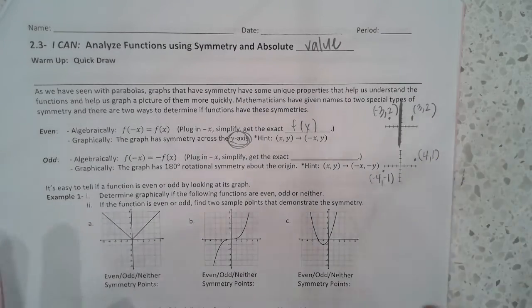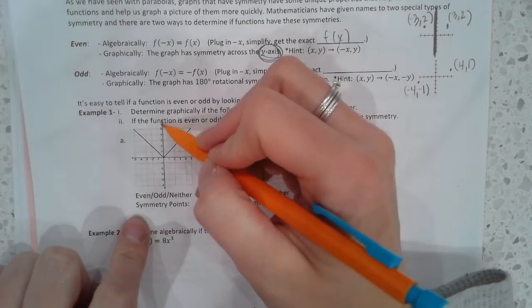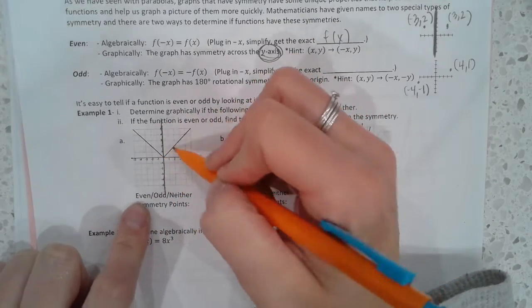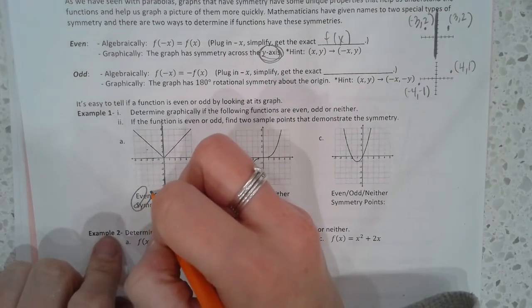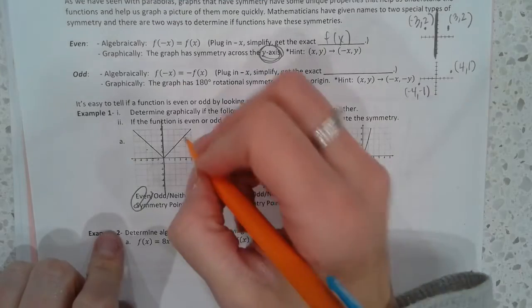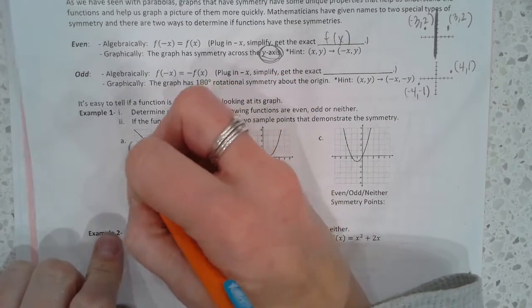So for example, with this graph, if I cut my line here, then the left side is the same as the right side, which means that this is an even function. If I picked 2, 2 on this side, then on this side I also have -2, 2.